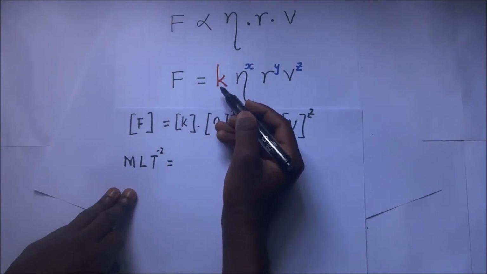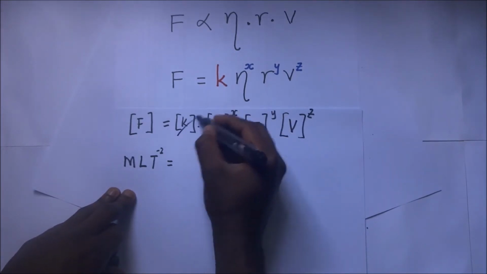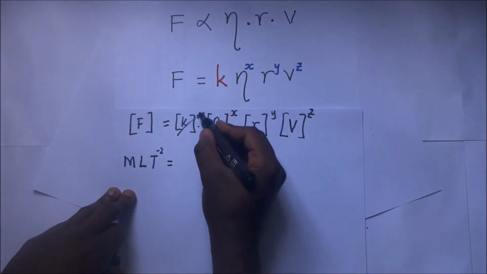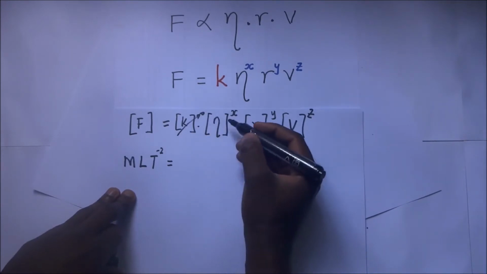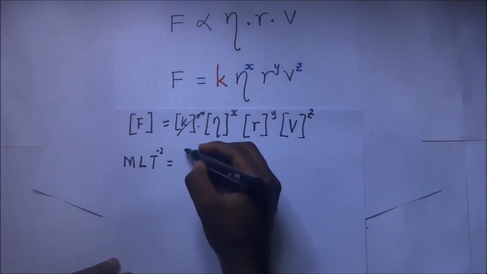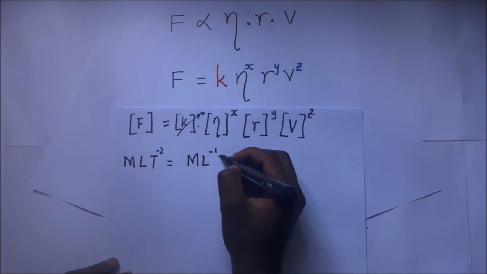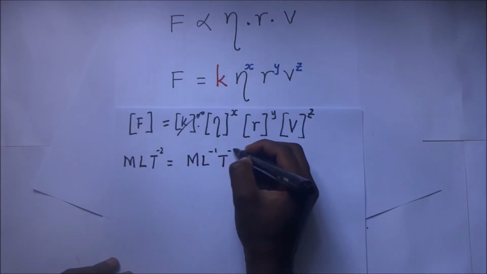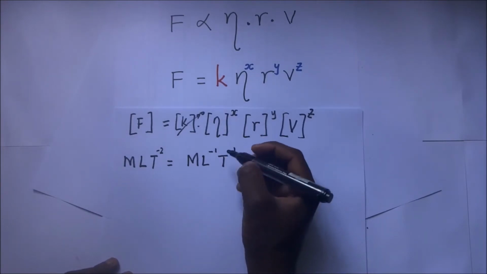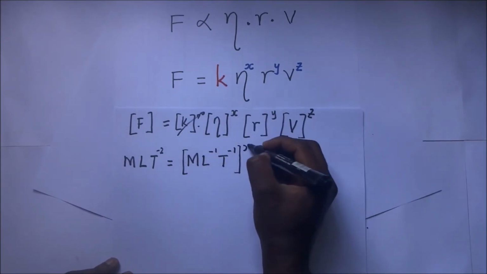Now this constant is dimensionless. Constants do not have dimensions, so that is ignored. Multiply that by the coefficient of viscosity. We found the coefficient of viscosity earlier as ML^-1T^-1, and all this is to the power x.